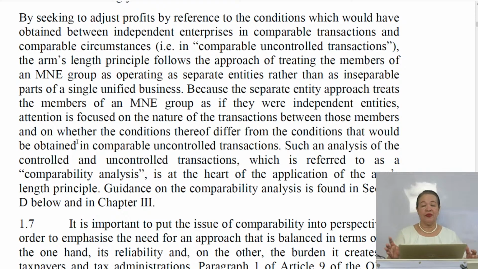Why? Because if the circumstances and transactions are not comparable, then they cannot be compared. Or you continue with your comparison, but you make adjustments to make them comparable, especially if there are material differences and the two transactions are not comparable. So you make adjustments to make them comparable. That's the aim, the purpose of the arm's length principle. Okay?